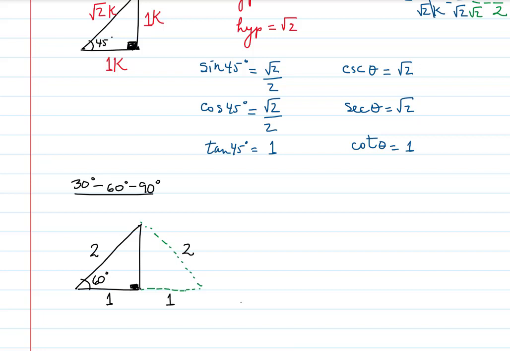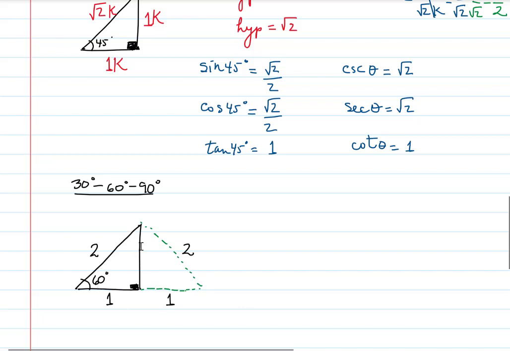Now look at just the right triangle in black. They're both the same, but just look at this one here where the 60 is. And you see the hypotenuse here is 2. The adjacent side of 60 is 1.